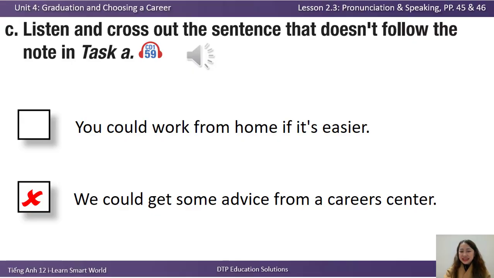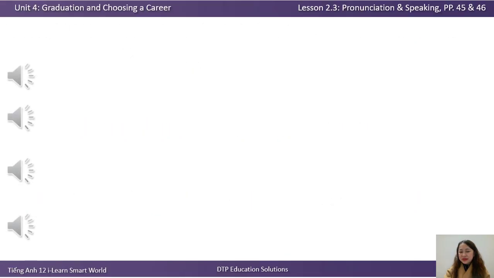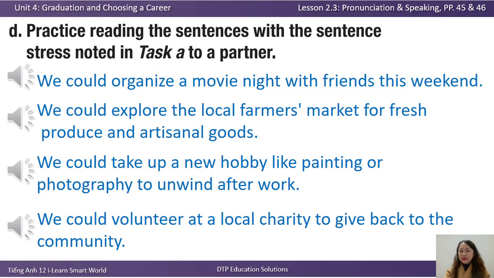Great work, guys! By focusing on sentence stress, we will sound much clearer and more confident when giving suggestions or making predictions. Now let's move on to part D. Practice reading sentences with sentence stress. The goal here is to emphasize the word could correctly, so we sound confident and natural when giving suggestions or ideas.